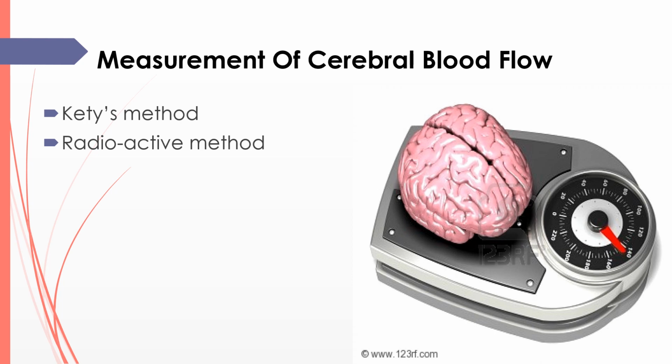That is the gas taken up by the brain tissue per minute divided by the arteriovenous difference of the concentration. There are many disadvantages, as you have to puncture the internal jugular vein every time, so it is no longer followed. Then there is the radioactive method, and the other methods are the CT scan and the MRI, that is magnetic resonance imaging.